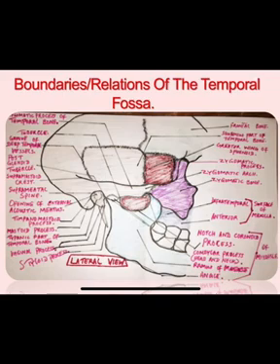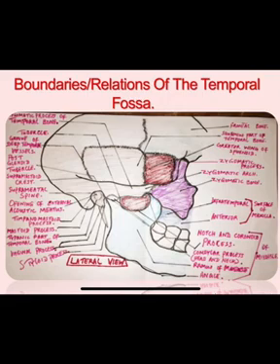Taking a close look at the diagram, you can see that the fossa is actually formed by 4 bones: the frontal bone, the greater wing of the sphenoid, temporal bone, and parietal bone. They all form the boundaries of the temporal fossa.